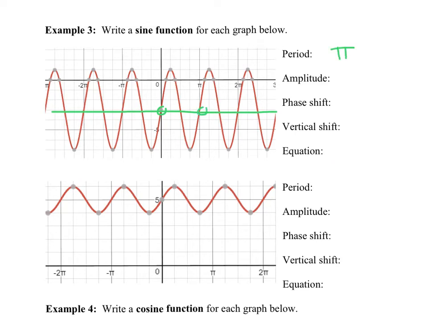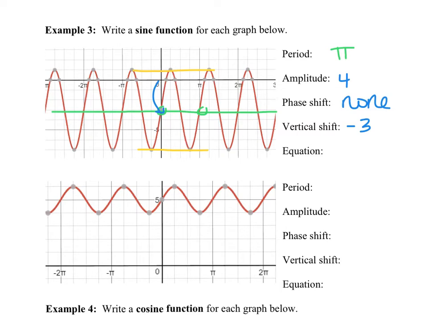And then my amplitude is from up and down, this is 5 units, so I'm going 1, 2, 3, 4, 5, 6, 7, 8. So the height of the wave is 8, so my amplitude is going to be 4. And my phase shift is not moved left or right. So my phase shift is none. And my vertical shift is I've moved it down 3, so it's negative 3.